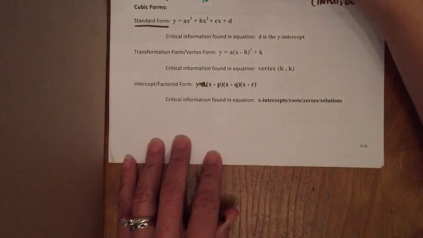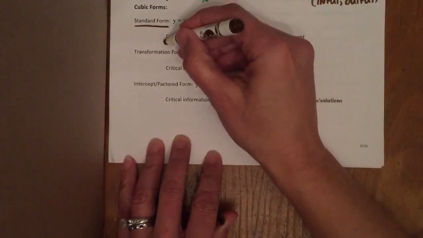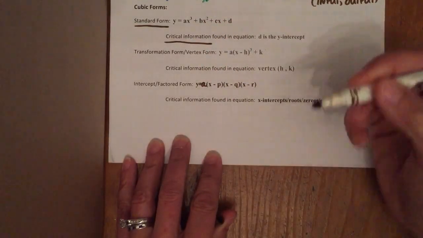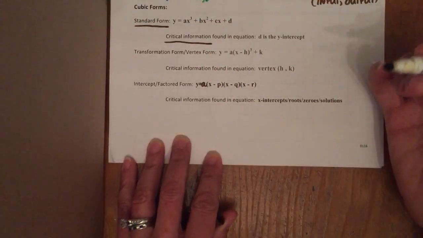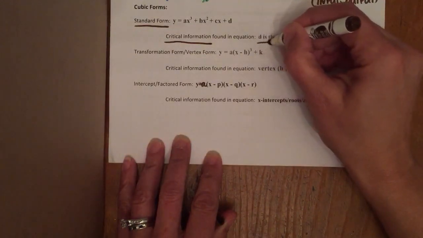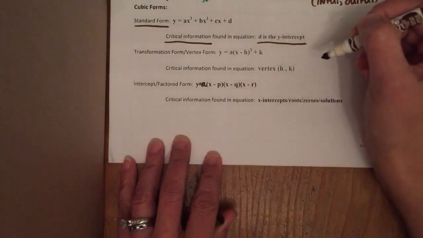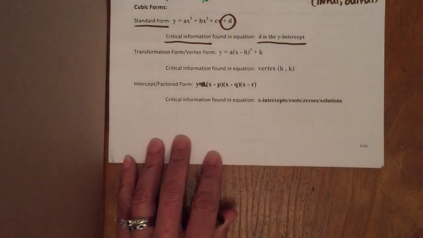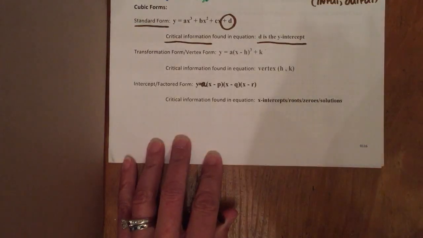Now the critical information that's found in standard form, things that you can determine by looking at standard form right off the bat, is that d is your y-intercept. Remember in quadratics we did the same thing with c, because c was our constant.